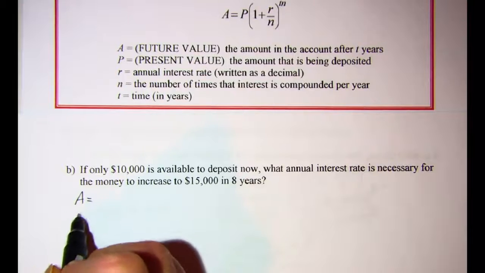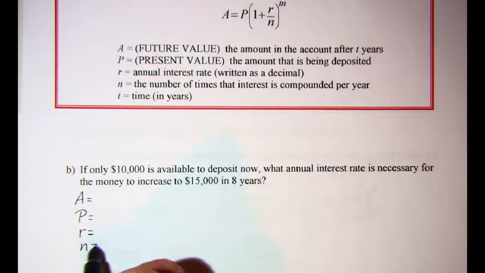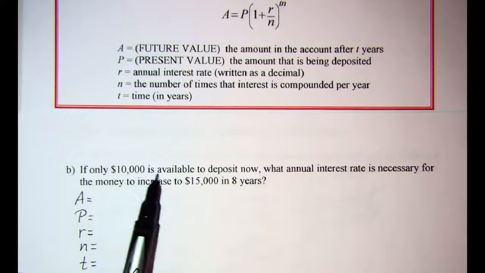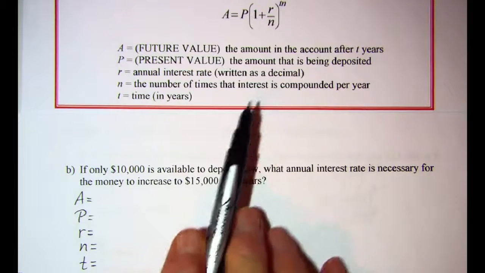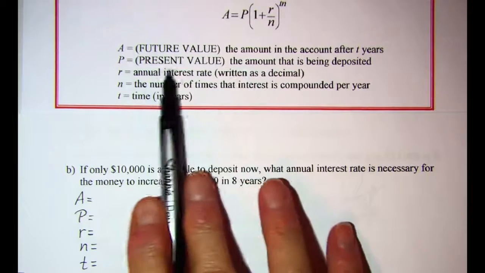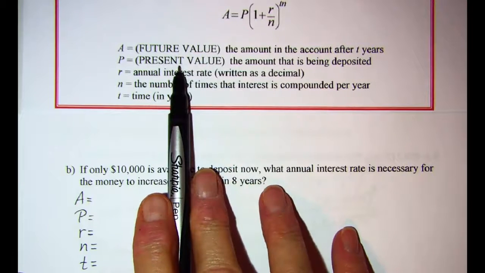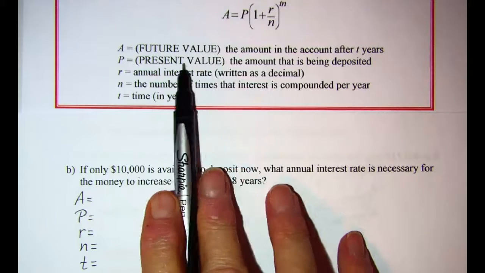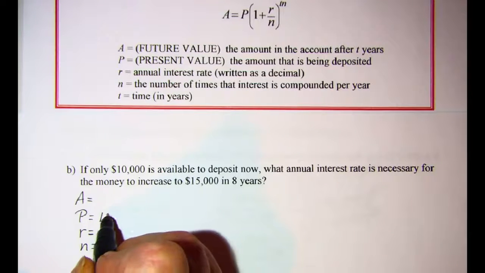A, P, R, N, and T. $10,000 is available now. So remember that that's your present value. Whatever you have available now is your present value. That's what you're going to be able to deposit. So my P is $10,000.